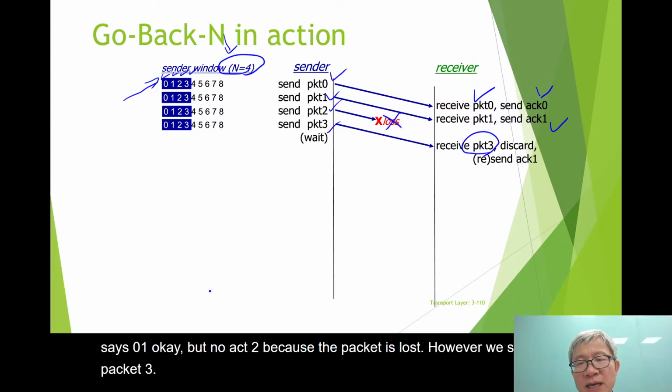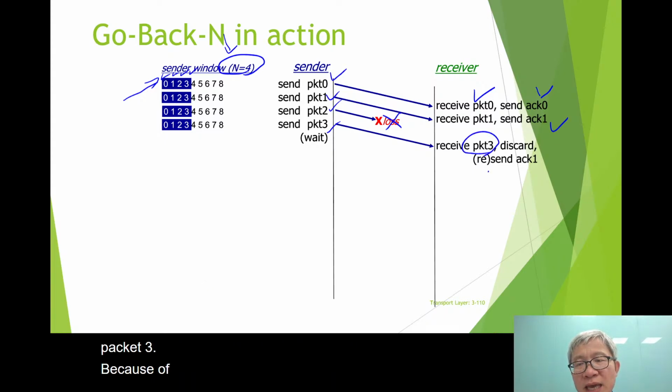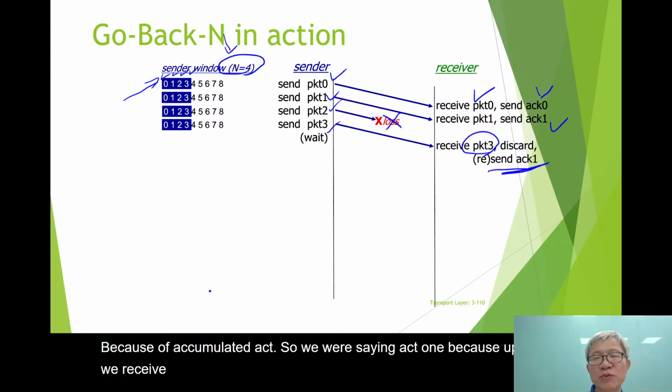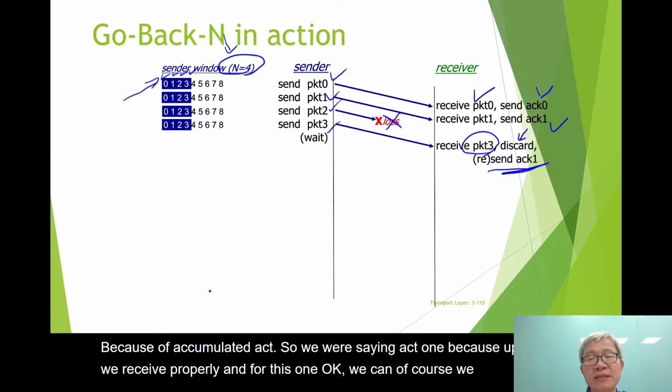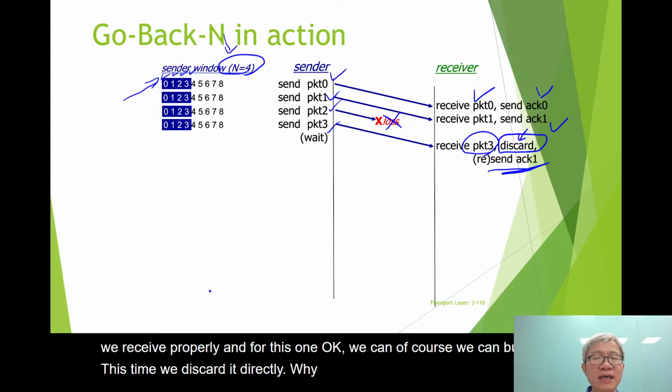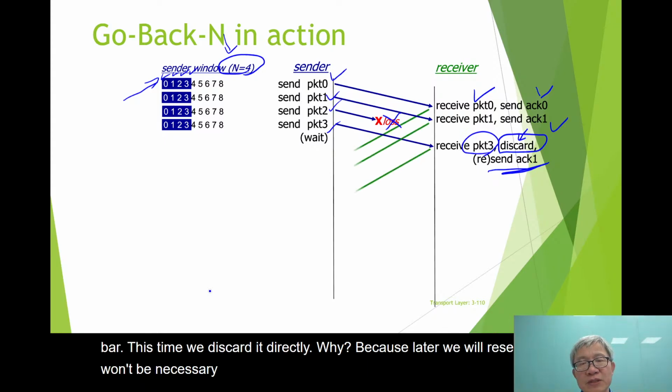Because of the cumulative ACK, we will send ACK 1 because up to 1 we receive properly. And for this one, of course we can buffer, but this time we discard it directly. Why? Because later we will resend, so it won't be necessary to keep it.